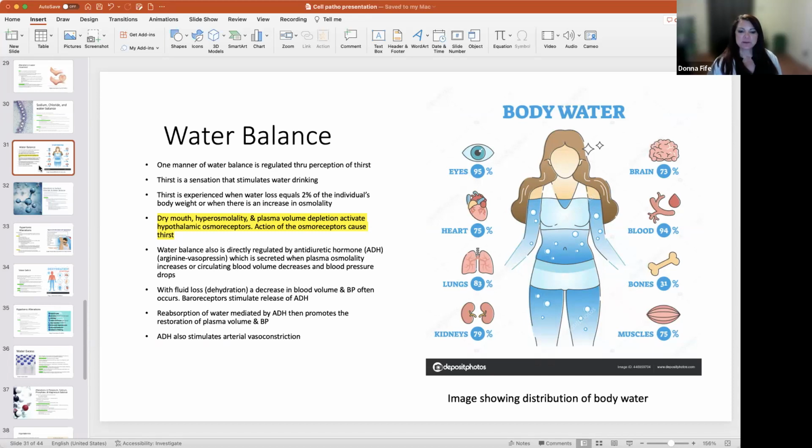Baroreceptors stimulate the release of ADH. Reabsorption of water mediated by ADH then promotes the restoration of plasma volume and blood pressure. ADH also stimulates arterial vasoconstriction. This picture here is just showing the different composition of body water, the different parts of the body.